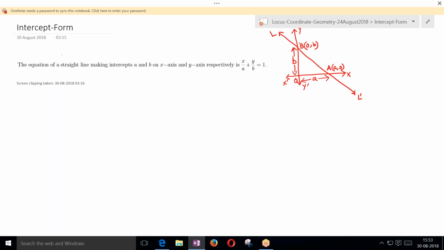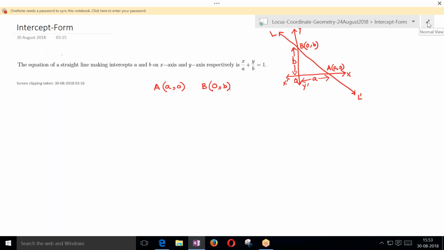Now to find the equation of the straight line, we can use the two-point form, whatever we just learned. So we can use the concept of two-point form to derive the equation of the straight line. We can assume the straight line is passing through two fixed points. The first point is (a, 0), and the other fixed point is (0, b).